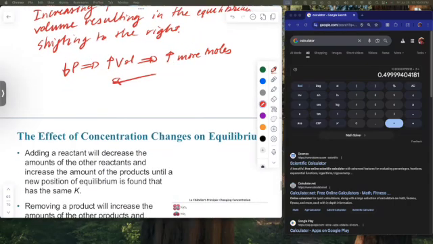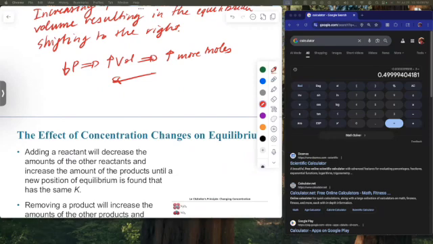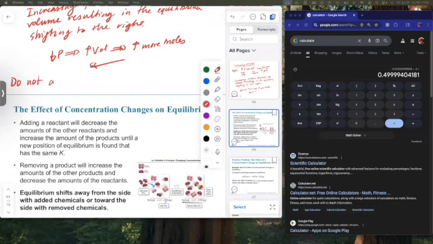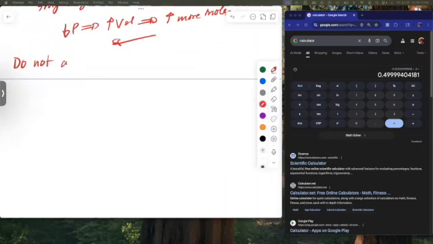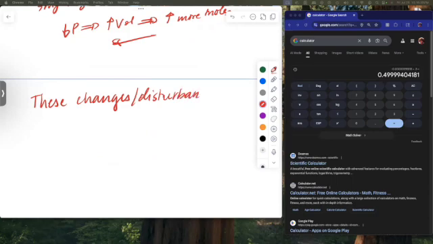So what doesn't affect equilibrium? The following items do not affect it. Let me give them some respect and give them a whole page. It doesn't require a whole page, but these changes or disturbances do not affect equilibrium.